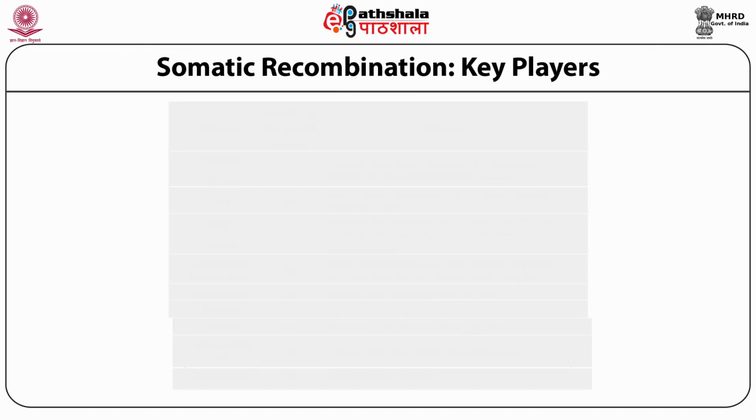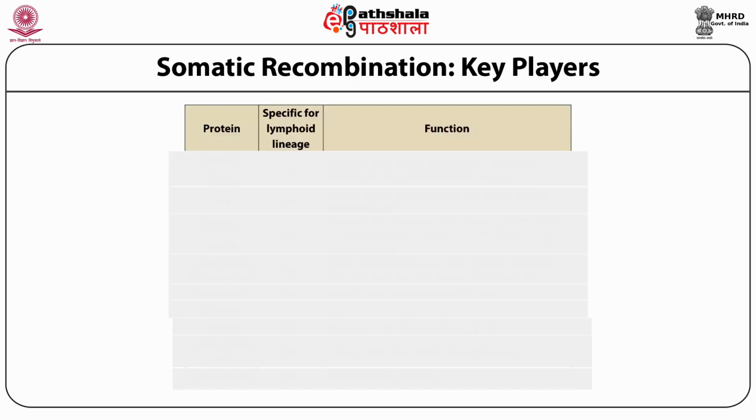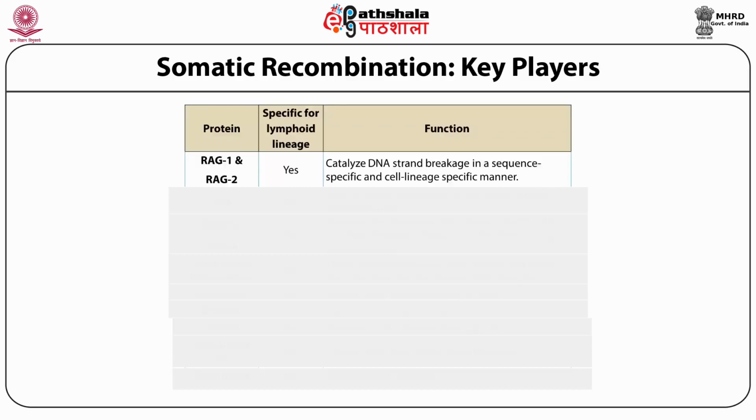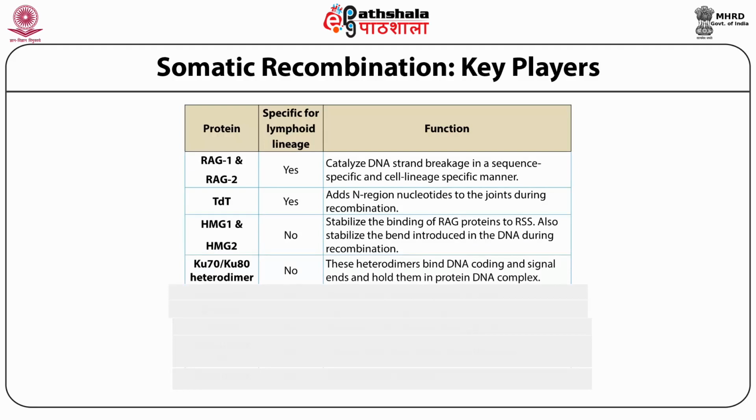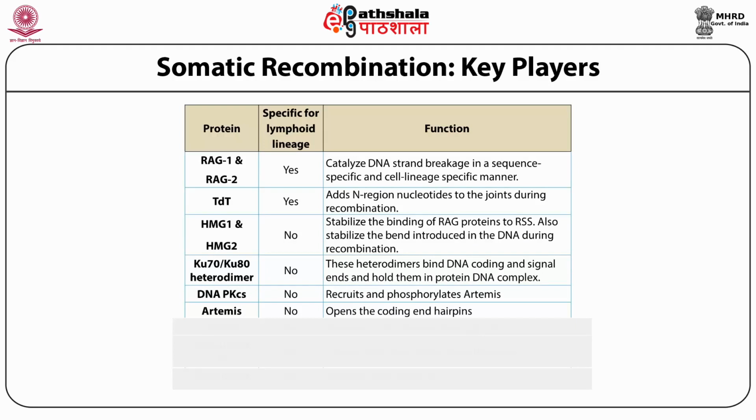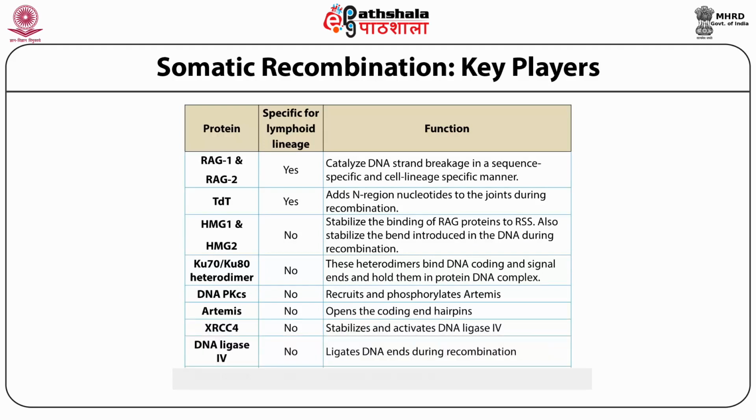Having discussed the various major events that occur during somatic recombination, let us now discuss the many different proteins that are involved in the process of somatic recombination. The most important of these proteins are RAG1 and RAG2, TDT, HMG1 and HMG2, Ku70, Ku80, DNA-PKcs, Artemis, XRCC4, DNA ligase 4, and Cernunnos.